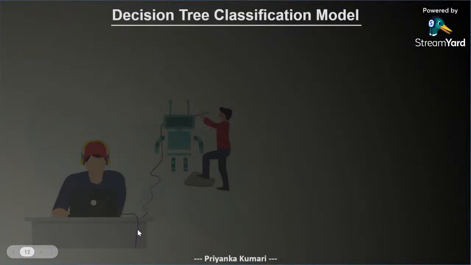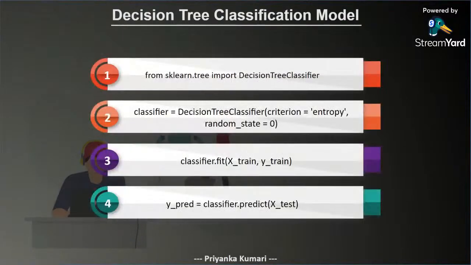Now let us understand how to implement a classification model in our code. The first thing is that the module I mentioned, sklearn.tree, contains both regressor and classifier. As it is a decision tree classification model, we will be importing DecisionTreeClassifier here, and then we create an object of this class, which is classifier, and the criterion which we are using is entropy.